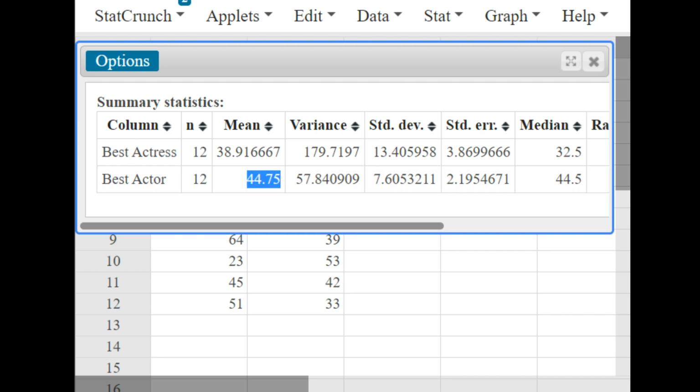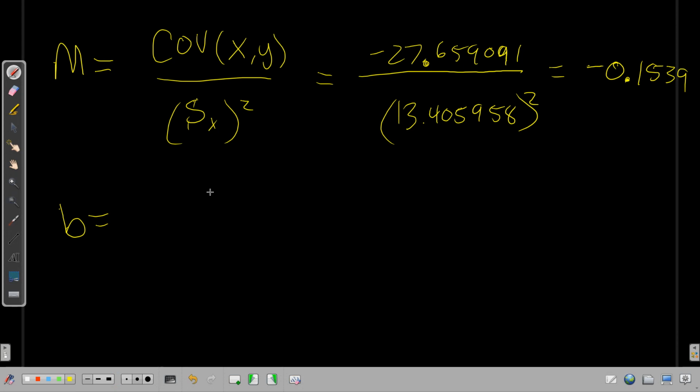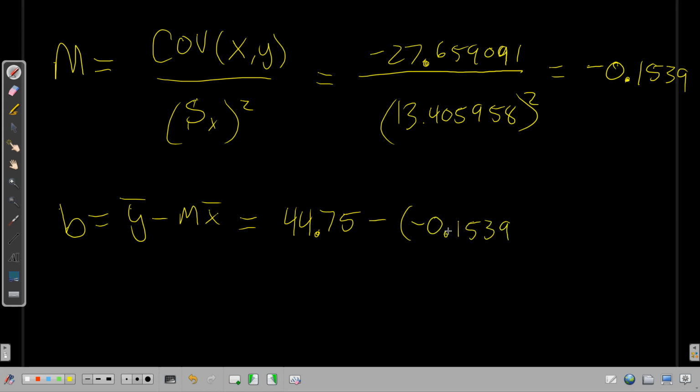So this would be y bar minus m x bar, and y bar was 44.75, and m being a negative 0.1539, and then times x bar, which is 38.916667.